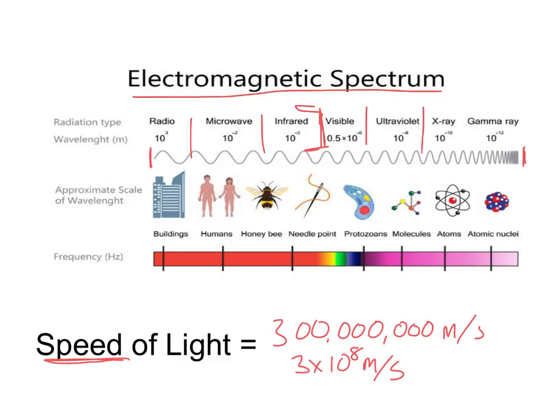Ultraviolet rays have a little bit more frequency. They're more frequent and have a shorter wavelength. We have our X-rays and we have our gamma rays. Our gamma rays have the highest frequency and the shortest wavelength out of all of the different types of electromagnetic waves. This small part is the part that we can see.